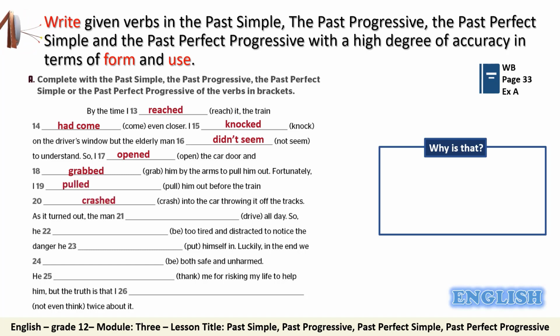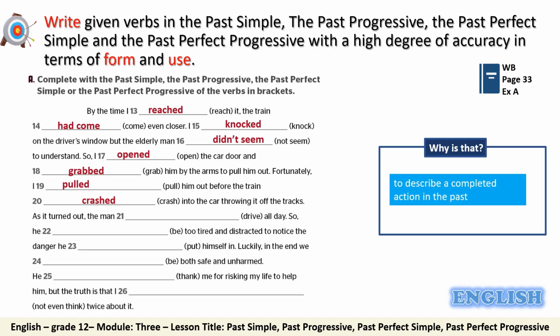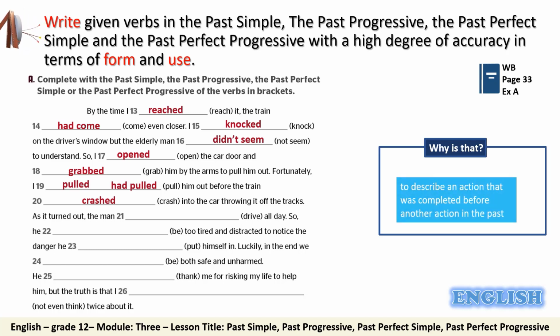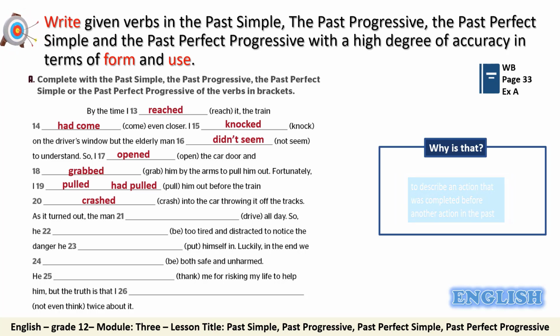Can you tell me why? Very good, because these actions were completed in a specific time in the past. However, for space 19, we can write had pulled, referring to an action which was completed before another action in the past.